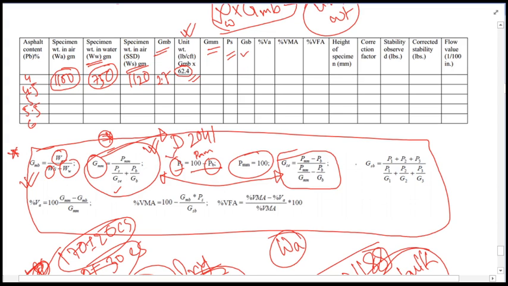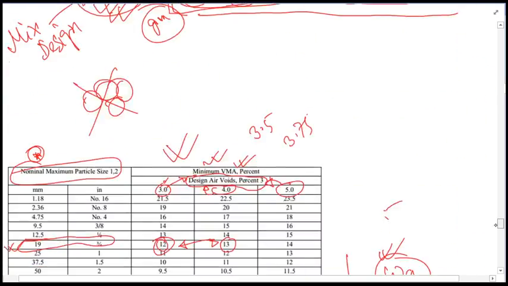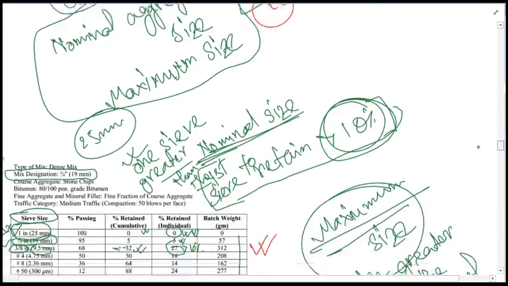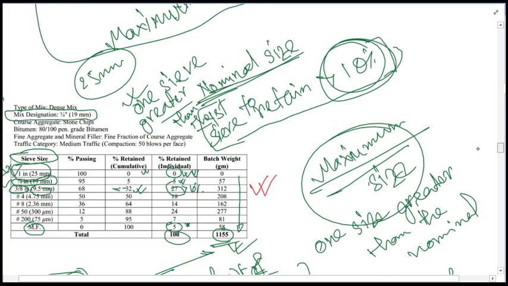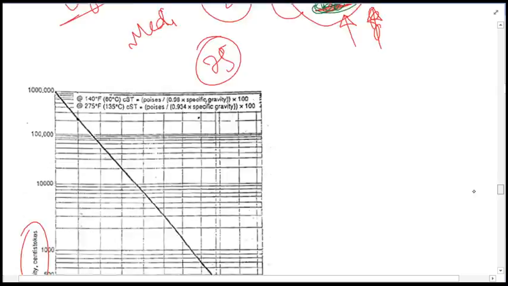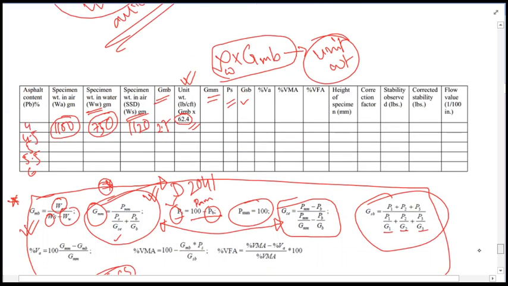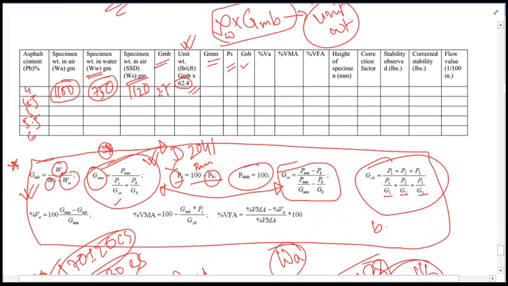Then GSB you will calculate using this formula, where G1, G2, G3, all these three will be known from before. While getting the data, you will know the bulk specific gravity of the dry coarse aggregate, fine aggregate, and mineral filler. So these three you will automatically know. We have discussed the concept for both aggregates and mixture.